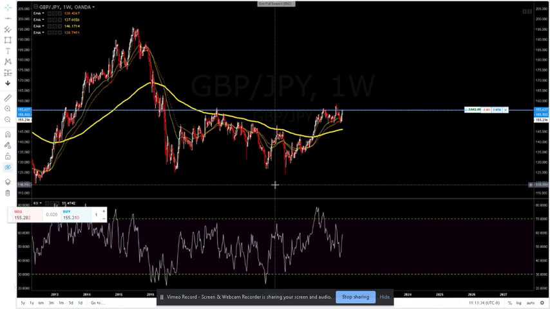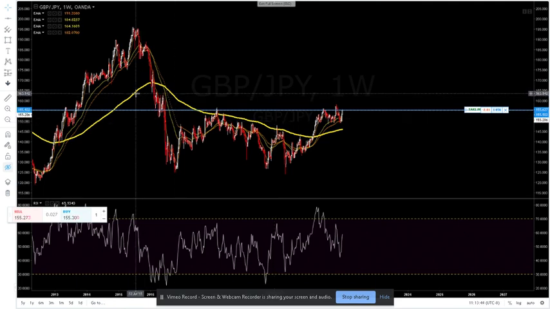We have bearish hidden divergence from June 15 to current.